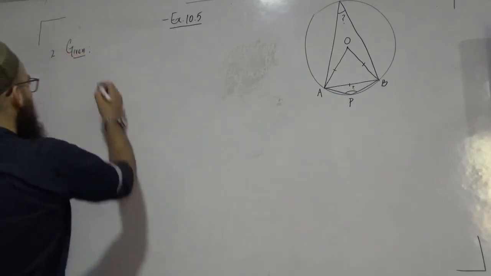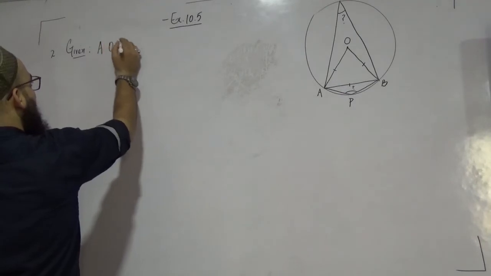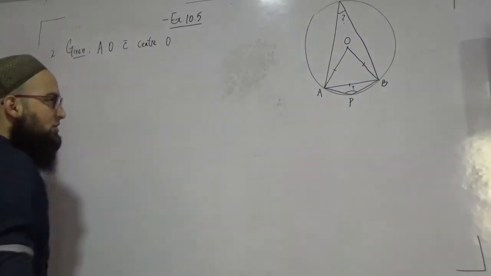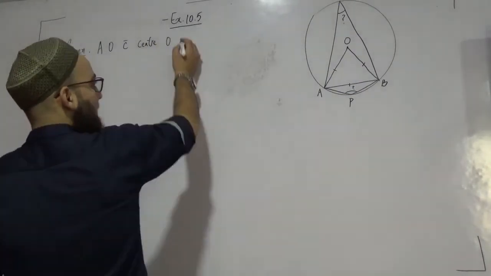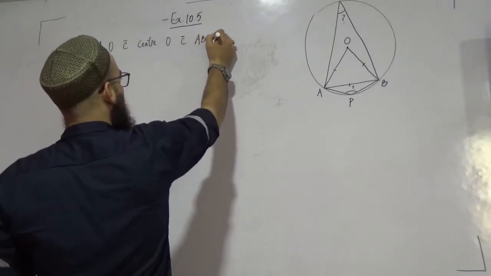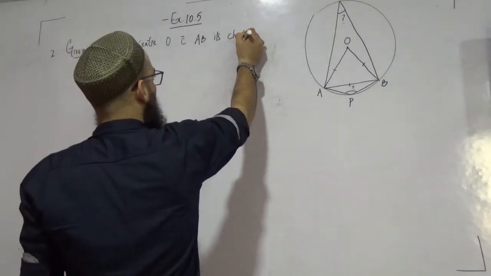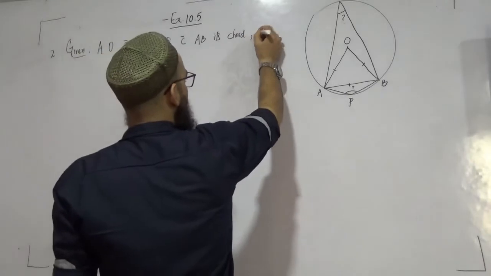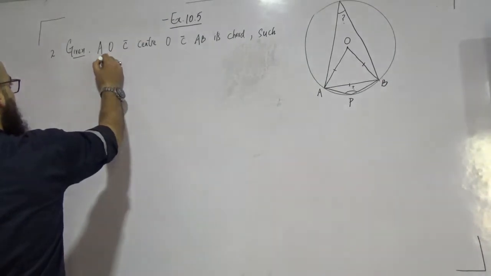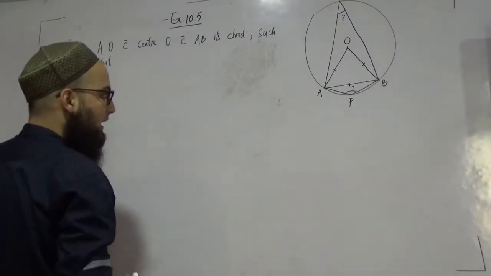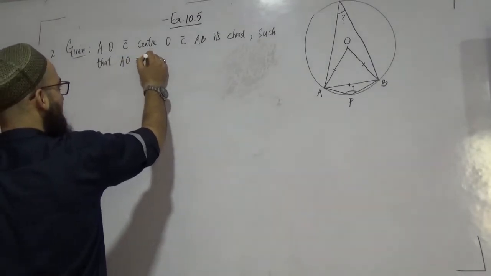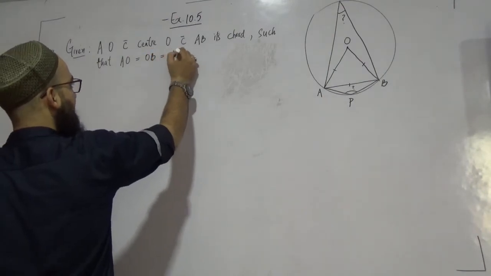So what's given? A circle with center O, with AB as a chord, such that AO is equal to OB is equal to AB.